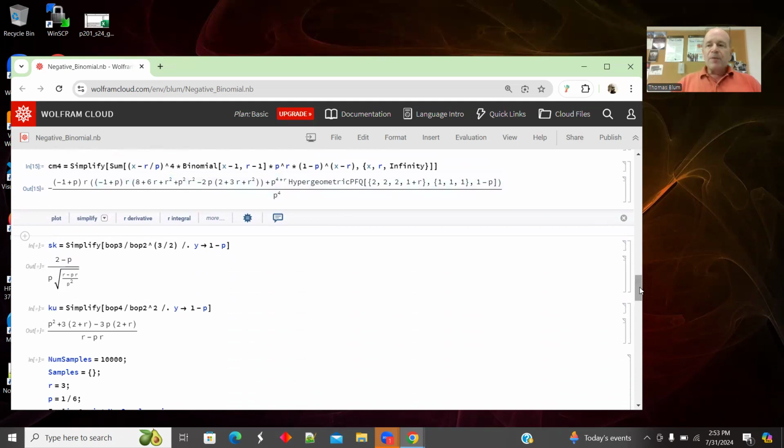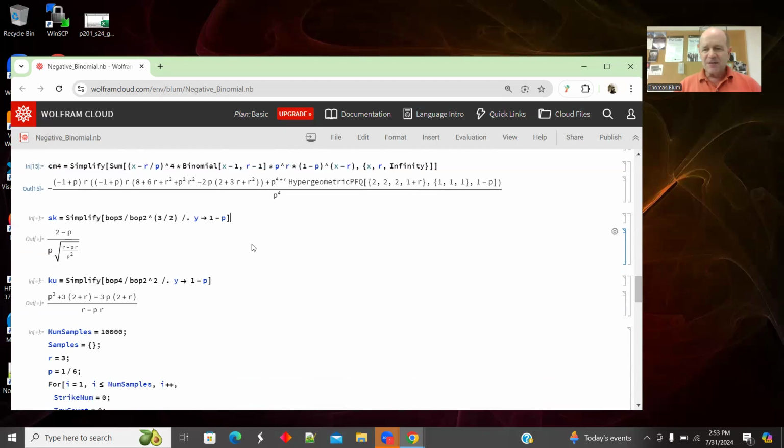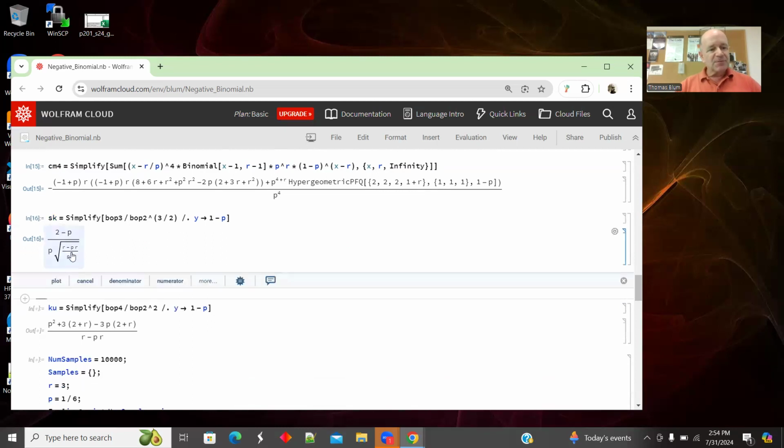All right. The skewness is the third central moment divided by the second central moment raised to the 3/2. So this scales it so that it has some invariance, and it doesn't depend on units, it's like a unitless quantity. And so there's an expression for the skewness.